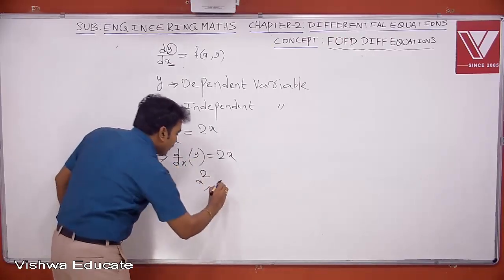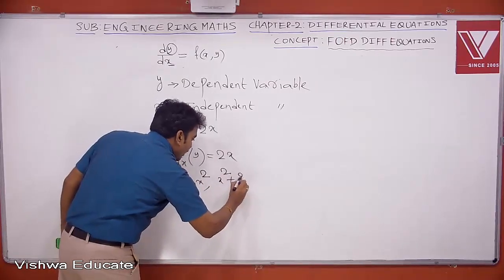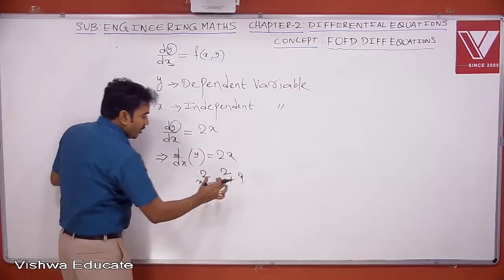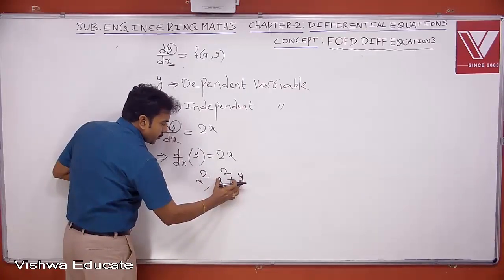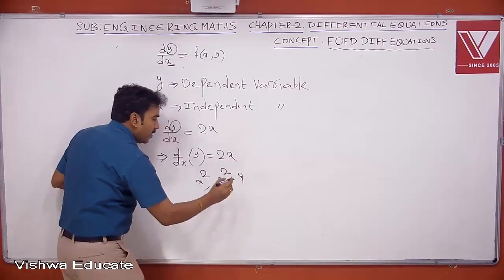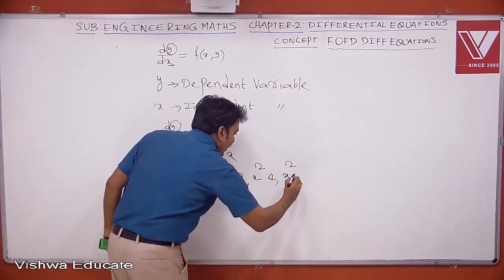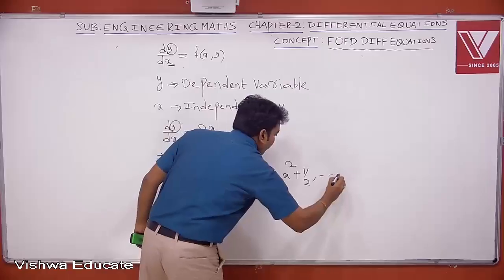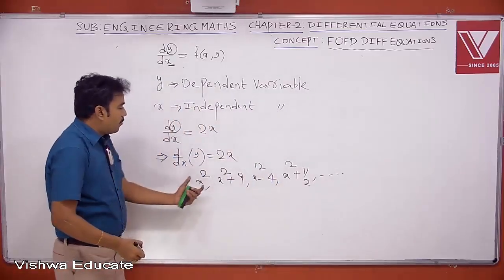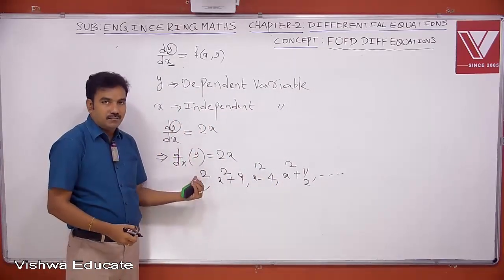Certainly not. Some other possible solutions are x square plus 9, because when you find d by dx of x square plus 9, you get the result as 2x. Similarly, you can write x square minus 4, and x square plus 1 by 2, etc. So all these are possible solutions of this particular equation.